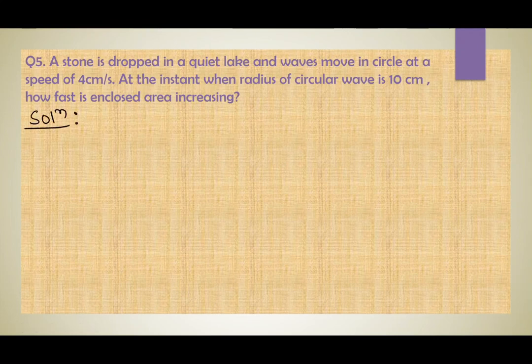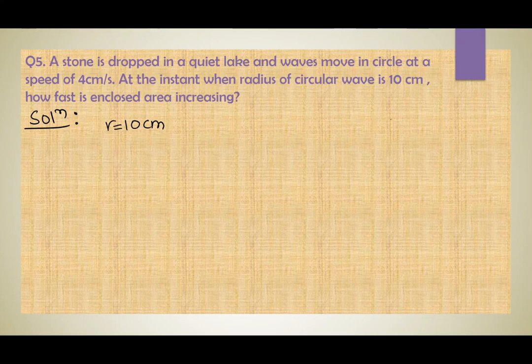Stone is dropped in a quiet lake and waves move in a circle. So the geometrical shape is circle, at a speed of 4 centimeter per second. Okay. At the instant when the radius of the circular wave is 10 centimeter, how fast is the enclosed area increasing? R is given to be 10 centimeter.